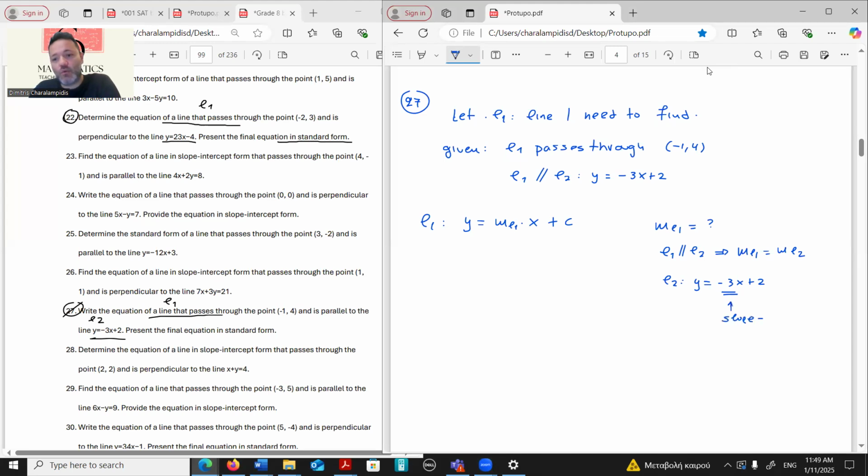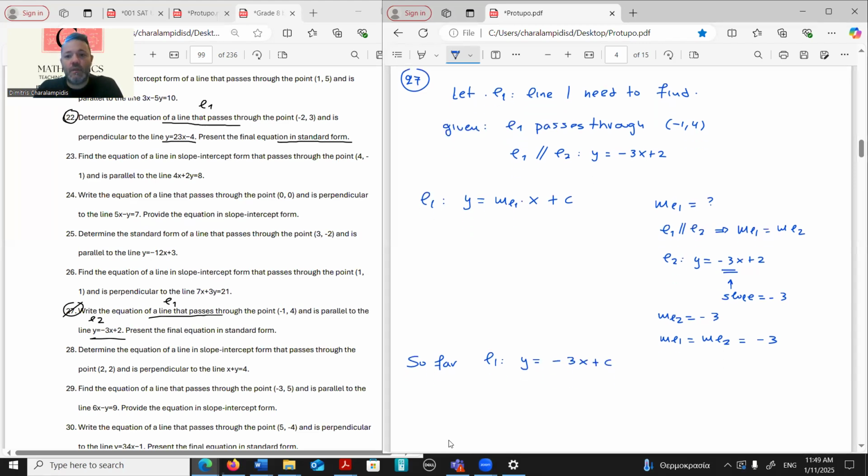So the slope here is -3, which means that the slope of L2 is -3. And once again, since L1 and L2 are parallel, they have the same slope. So the slope of L1 will be as well equal to -3, which means that so far L1 should be y equals -3x plus c.